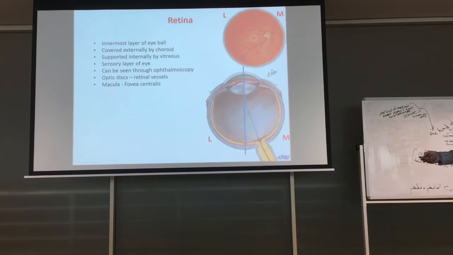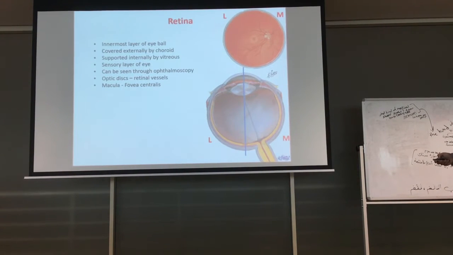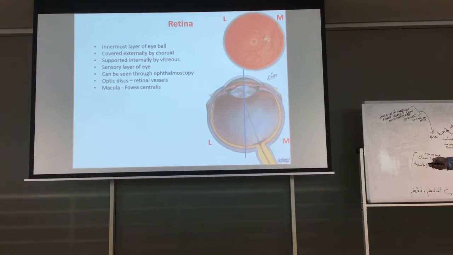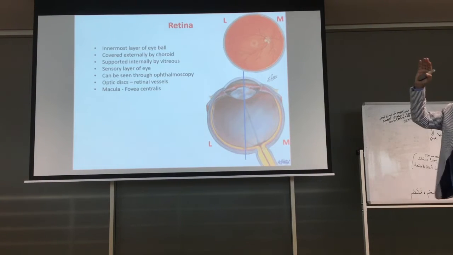Retina is the innermost layer. This is the cross section of the eye, and if you note very carefully, the optic nerve is attached to the eyeball a little medially. It is not exactly behind, right? The point where the optic nerve is attached is the exact same point where all the retinal vessels get in and then spread out over the retina.